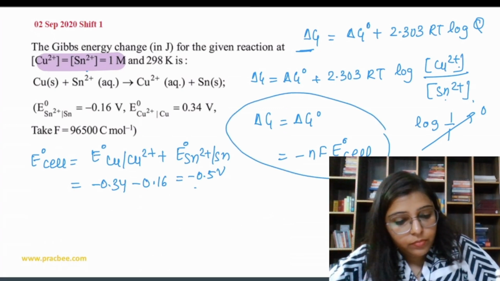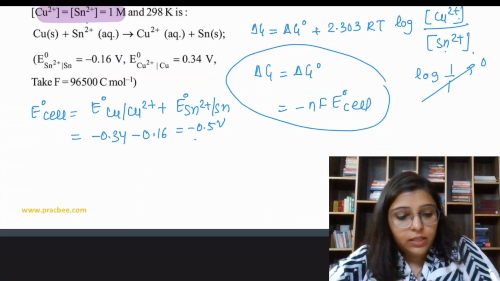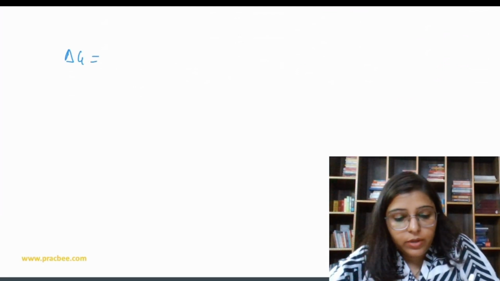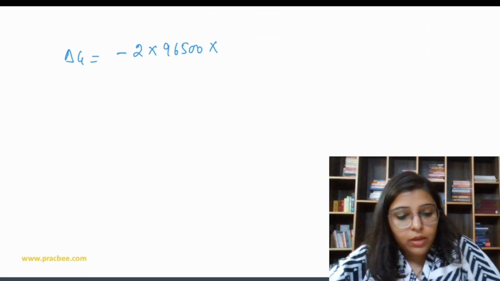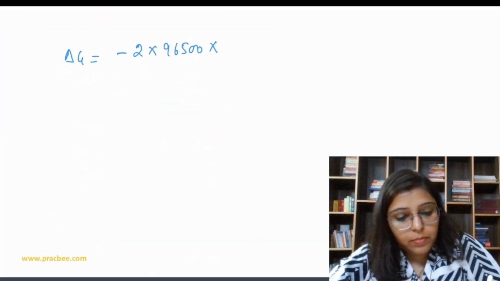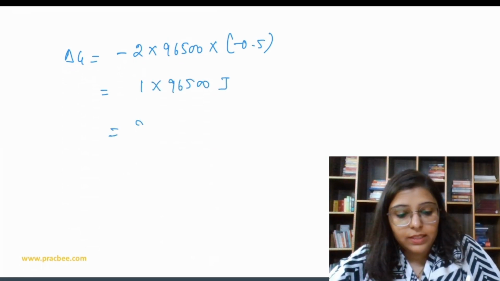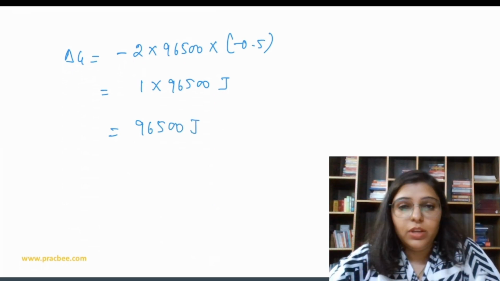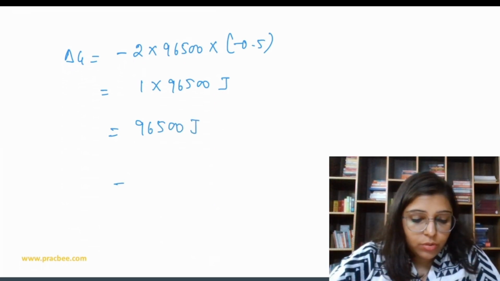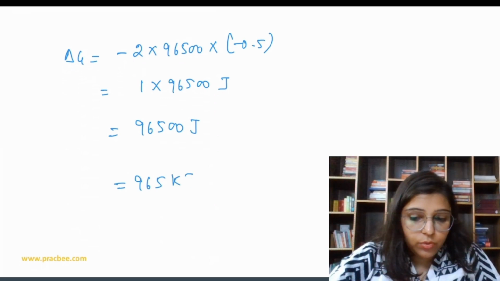So delta G is equal to minus 2 into 96500, and E naught cell is minus 0.5, which is equal to 1 into 96500 joule. So the answer is 96500 joule, and if it is asked in kilojoule, you can write 965 kilojoule.